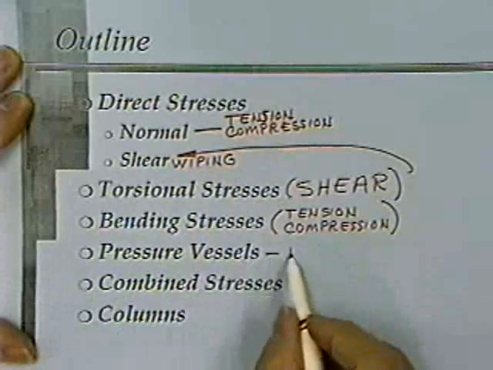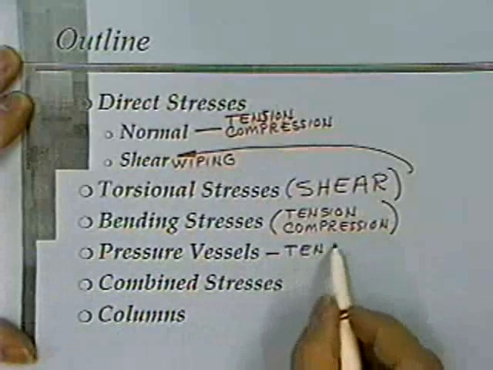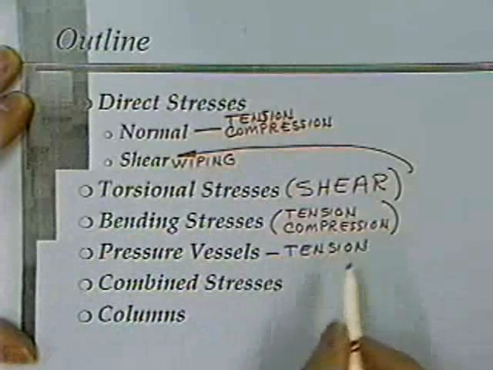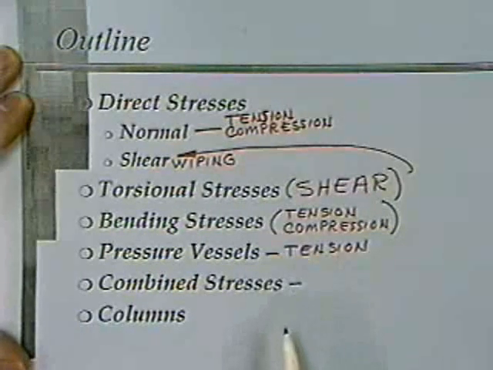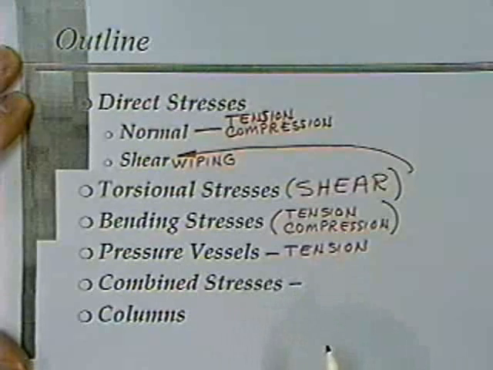Then pressure vessels basically have nothing in them but tension. Then combined stresses is any combination of that set of stresses, tension and compression and shear from various and sundry loading conditions.